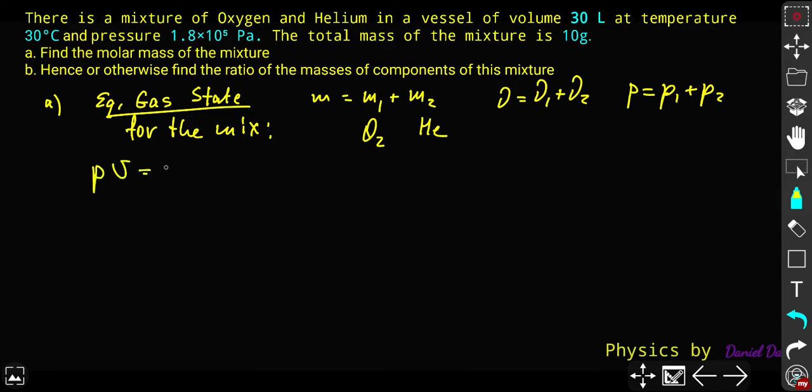So PV is M over molar mass. We use the definition of number of moles, mass over molar mass, times RT. From here we can express our molar mass, because we're given the total mass, which is 10 grams.